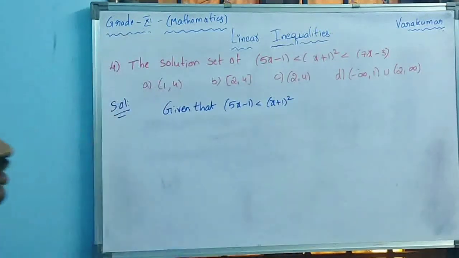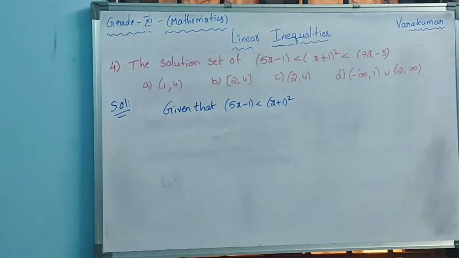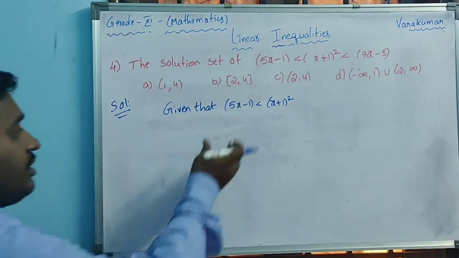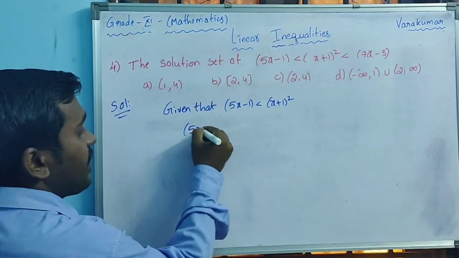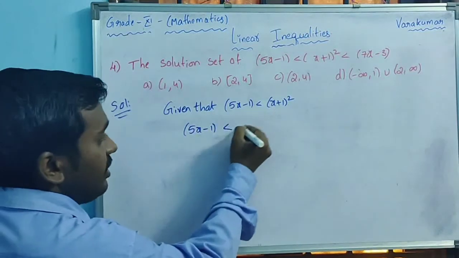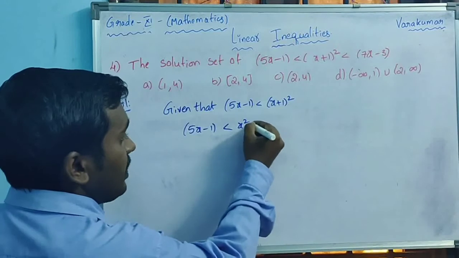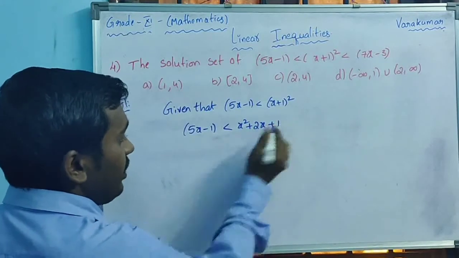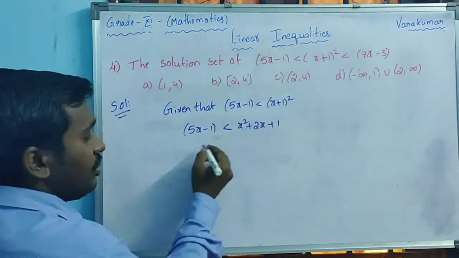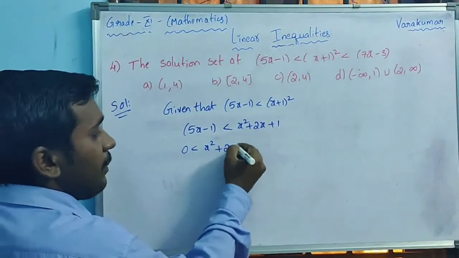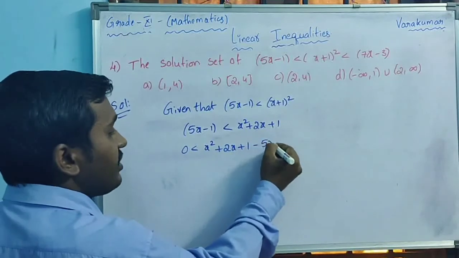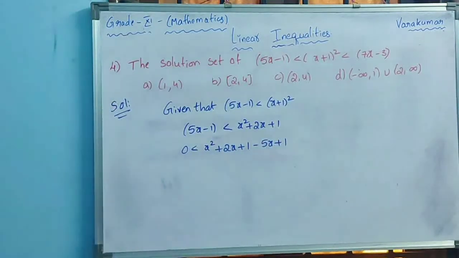Now expand it: 5x minus 1 less than x square plus 2x plus 1. Carry all these terms to that side: 0 less than x square plus 2x plus 1 minus 5x plus 1.